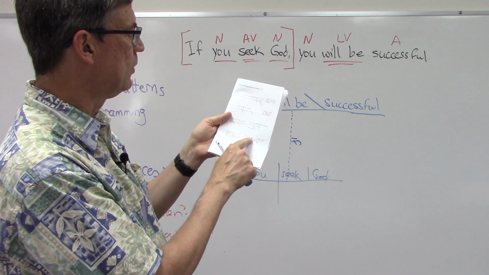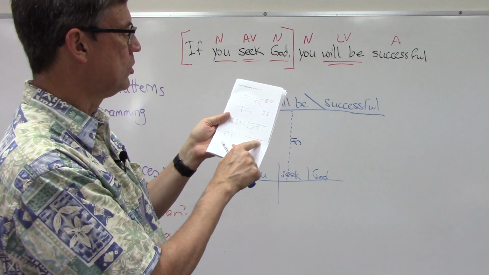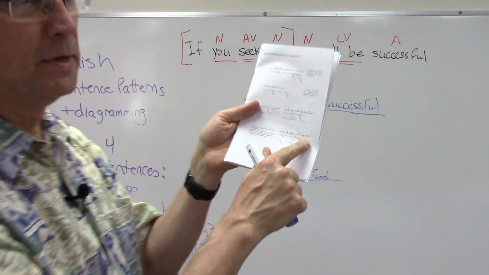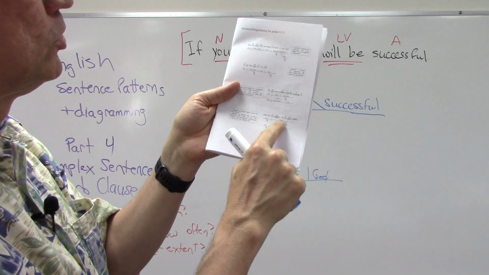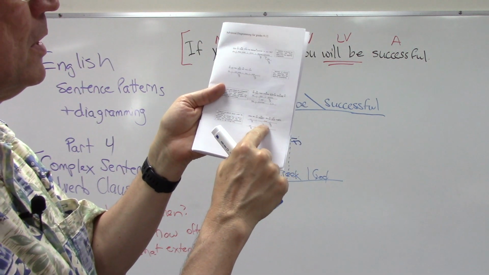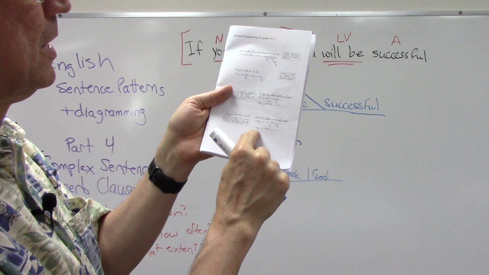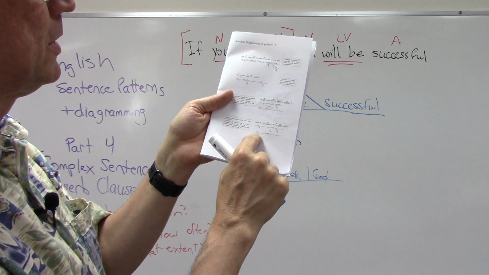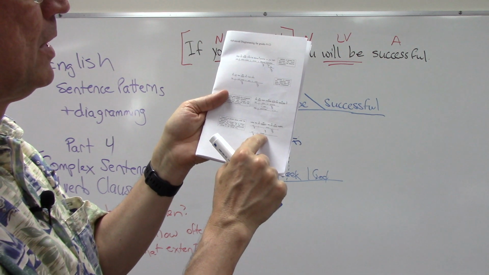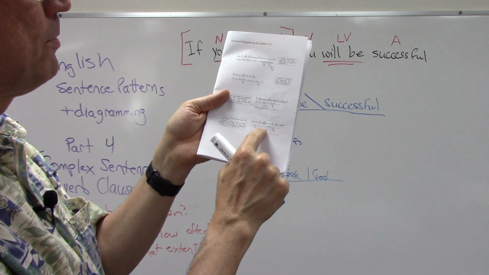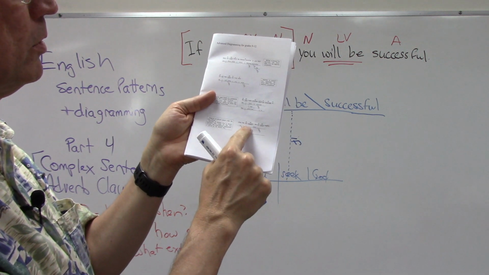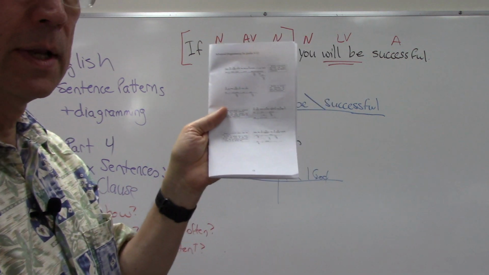Here they have, after the rain stopped, the sun shone brightly. So the sun shone is the main sentence, and brightly modifies that. Then down here, rain stopped, and notice after is connecting stopped and shone. So on the dotted line, the word after goes on that line.